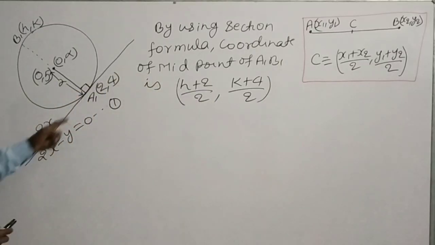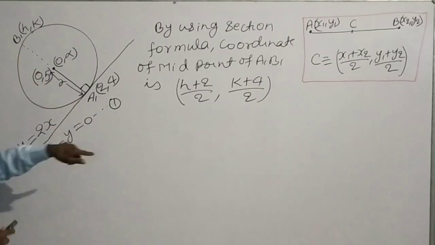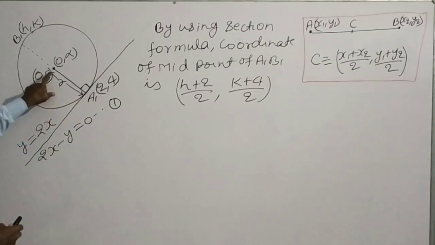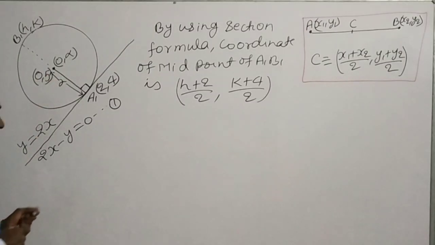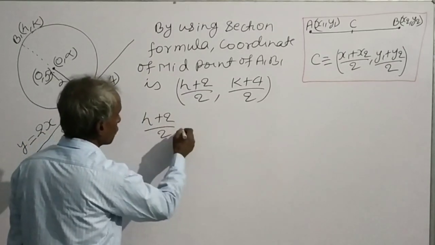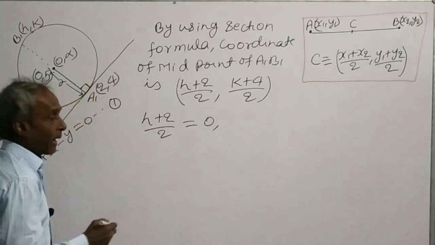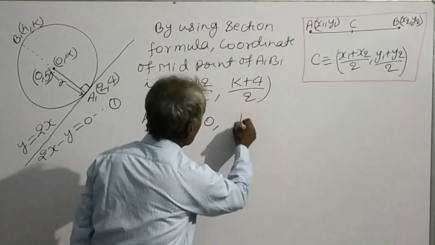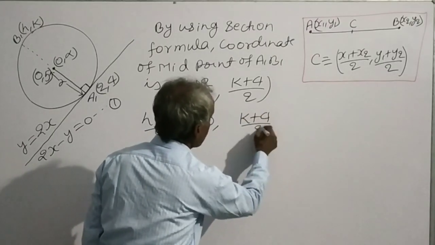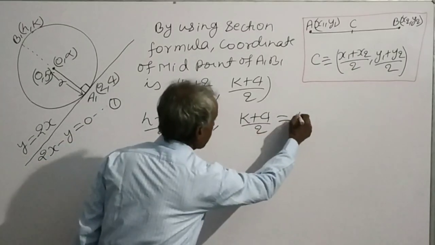But the midpoint of this line segment A1B1 will be this center (0, 5). Therefore, (h plus 2) by 2 will be equal to 0, and (k plus 4) by 2 will be equal to the y coordinate of this center, 5.